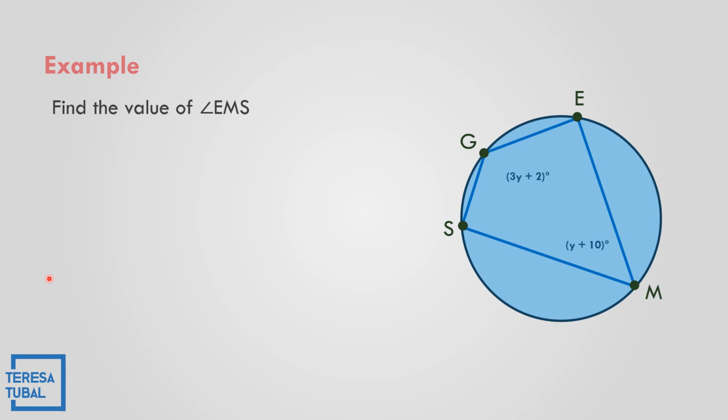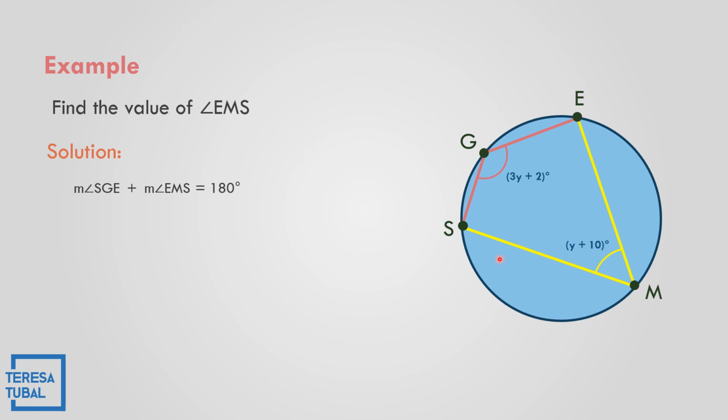So let us find the value of the angle EMS. So what could be the solution? The measure of the angle SGE plus the measure of angle EMS is equal to 180 degrees because opposite angles are supplementary. So let us replace.